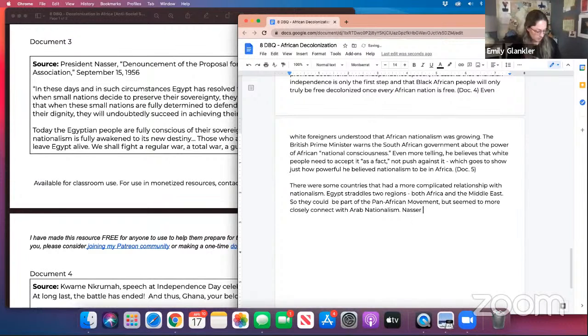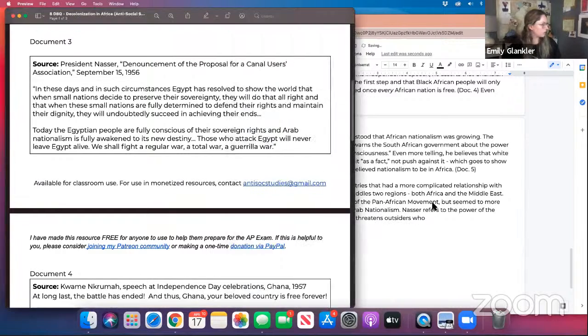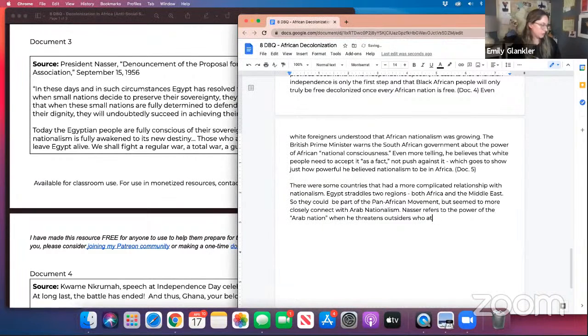Nasser refers to the power of the Arab nation when he threatens outsiders who attempt to attack Egypt and violate its sovereignty. Document 3. Okay, now I've used 6 documents.